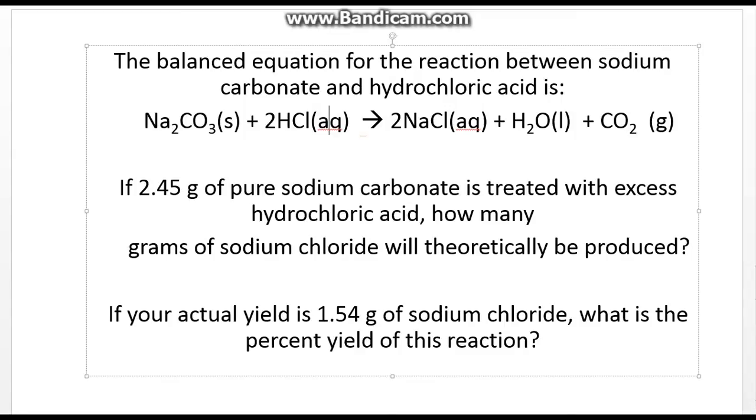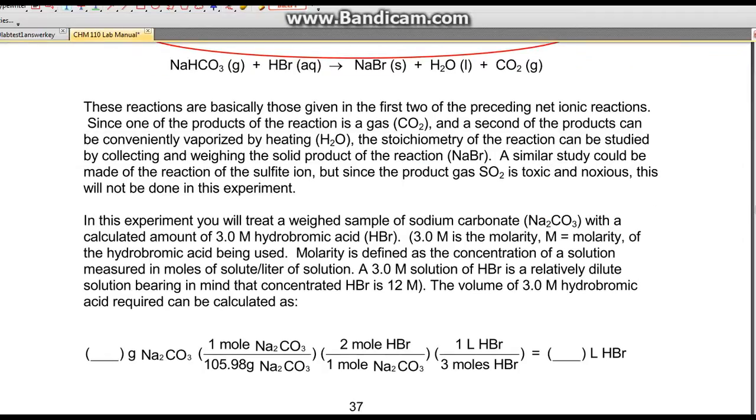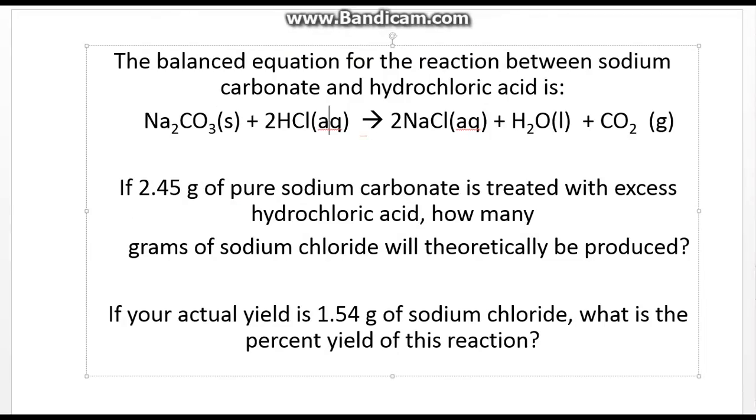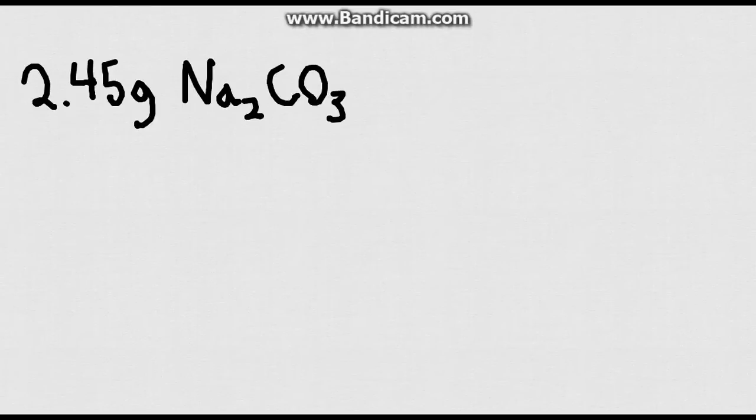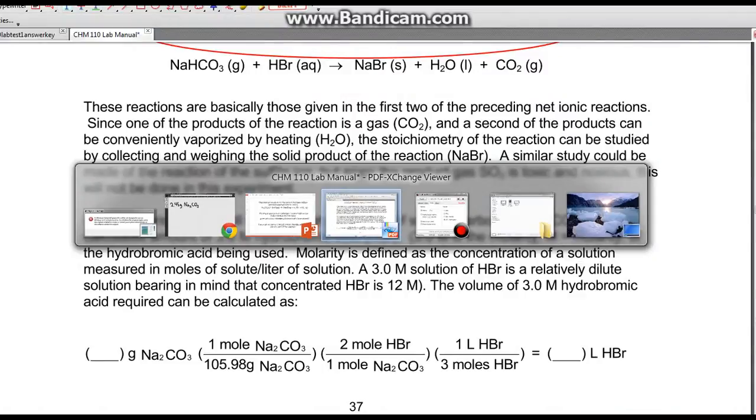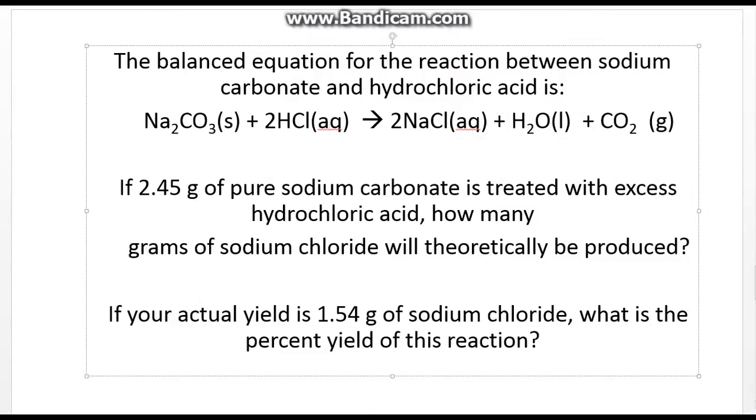Also, if you ever forget what you're doing, you can find a very similar problem on page 37 of the lab manual. Basically what we need to do is take this from grams into moles and find out how many moles of our product we will be forming. If we go back to our question, how many grams of sodium chloride are we looking to form?